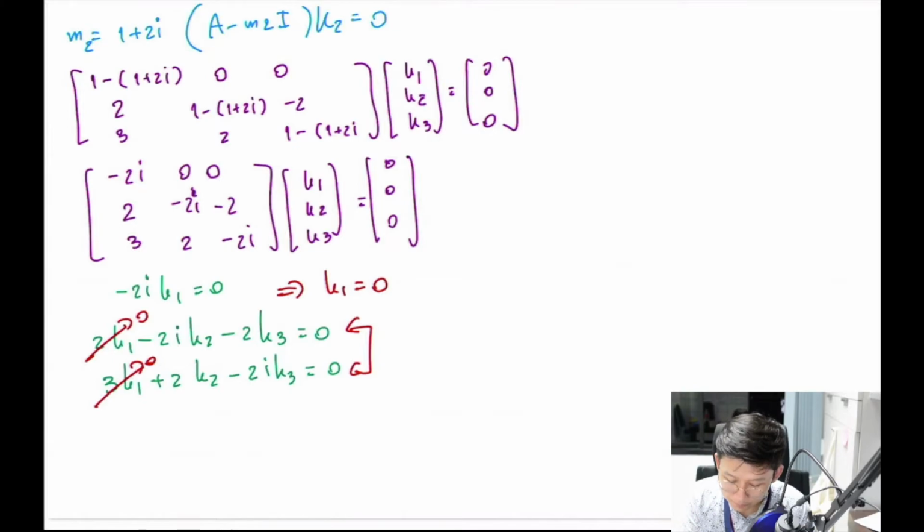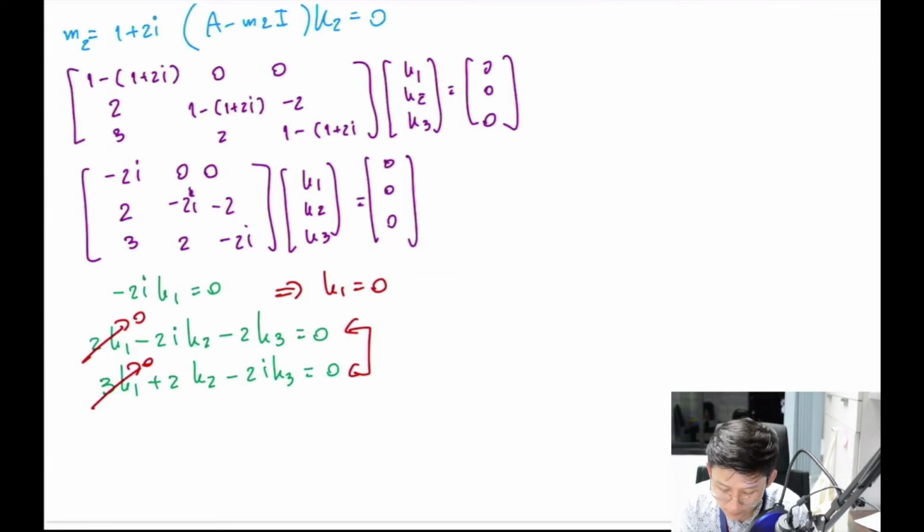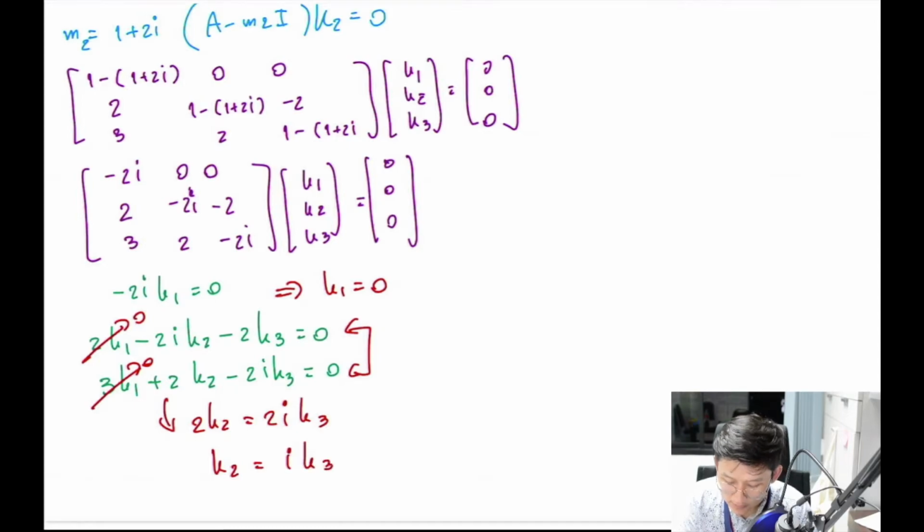So how about I take this equation? I know that 2k2 is actually 2i k3, which means that k2 is actually i k3. Good.